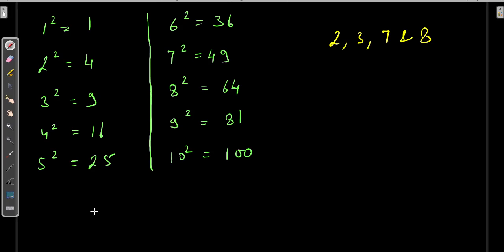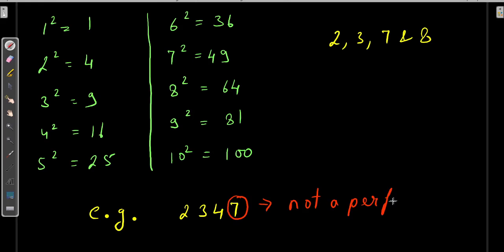So for example, if the number contains 2, 3, 4, 7, since the unit digit of this is 7, this number is not a perfect square. I hope everybody knows about the perfect square.